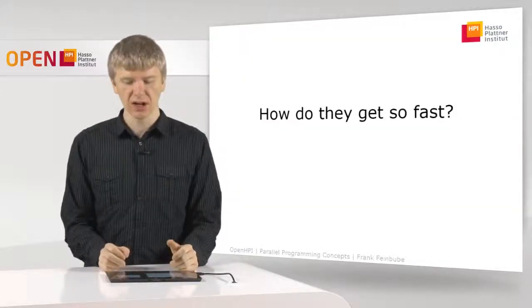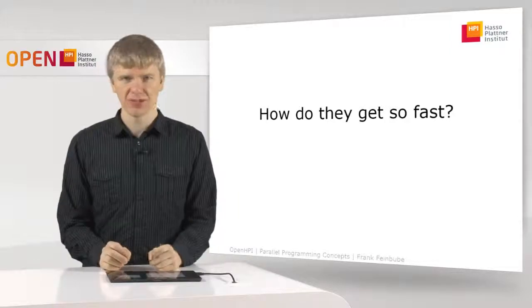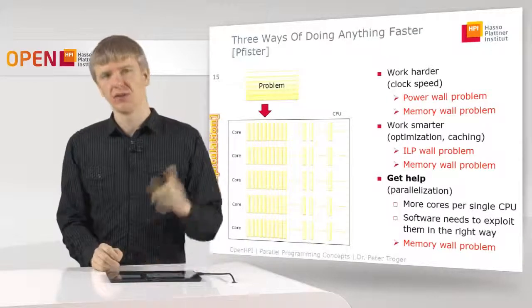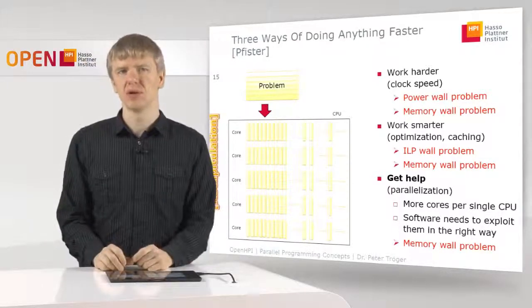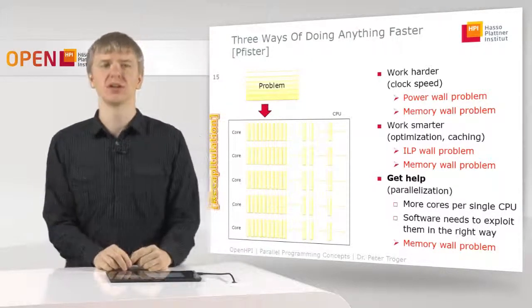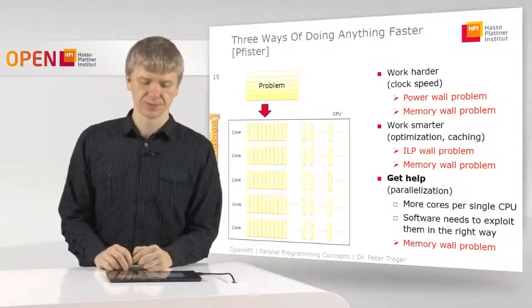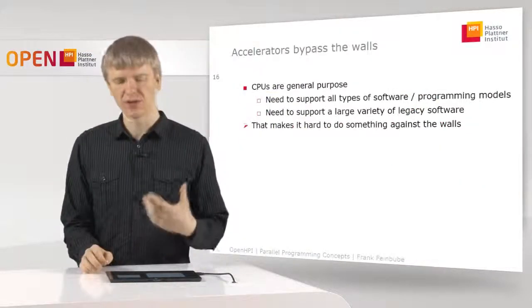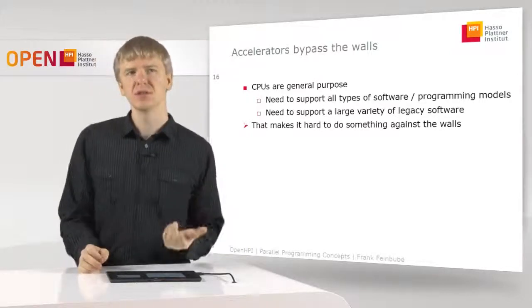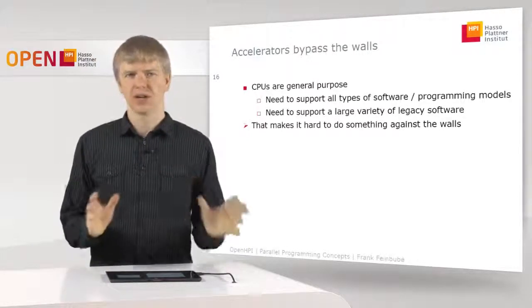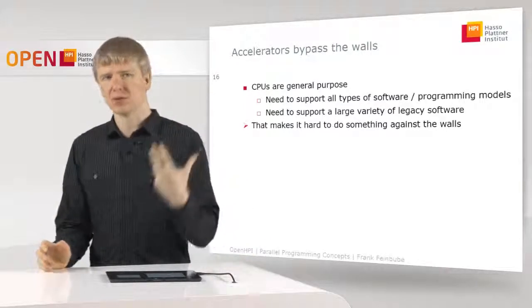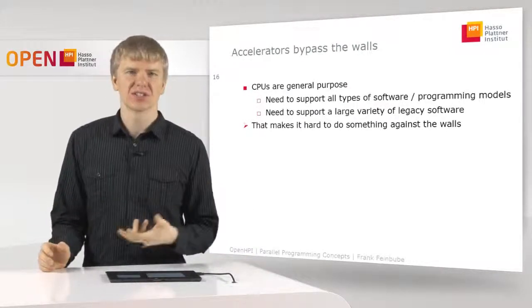And now to the question, why do they get so fast? I mentioned the walls before. We've seen them in the last lecture. So we have all those different walls, especially the memory wall and the power wall are crucial here. And accelerators have a way to go around this. For CPUs, we need to support all types of software. We need to support all types of programming models. We need to support a large variety of already existing software.